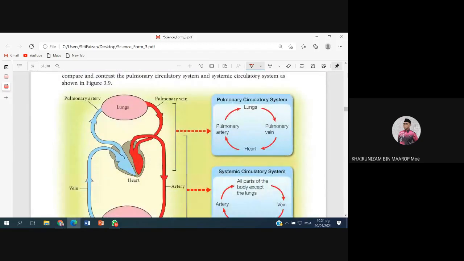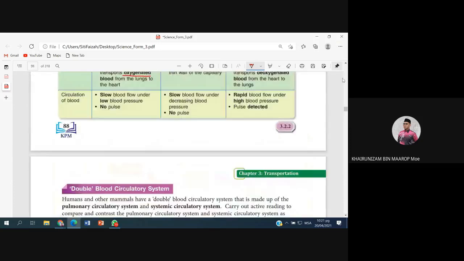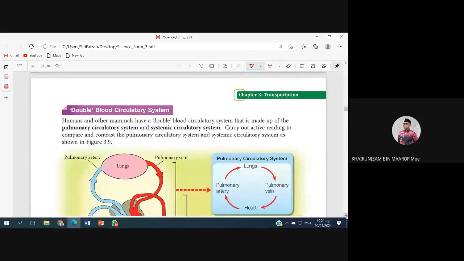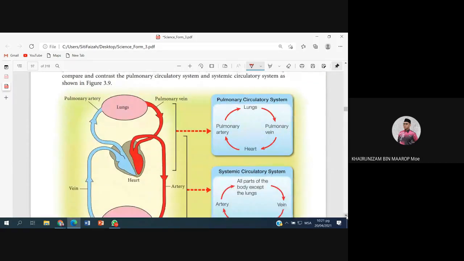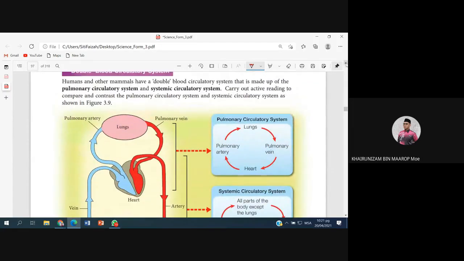Okay, next, I think in the videos I sent to you last week, we talked about double blood circulation. Okay, now we proceed to the double blood circulation.